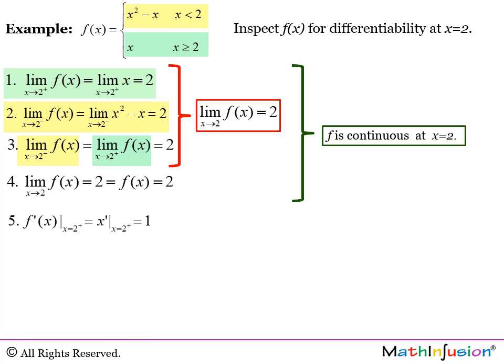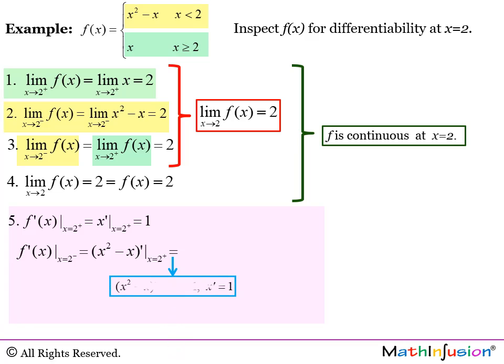Now step 5. The derivative of the function from the right is 1, because on the right the function is x and the derivative of x is 1. The derivative of the function from the left uses the branch x to the power of 2 minus x. The derivative of x to the power of 2 minus x is 2x minus 1.